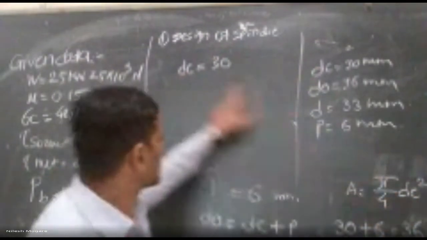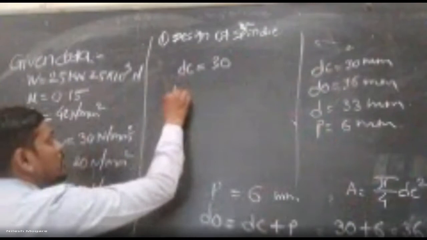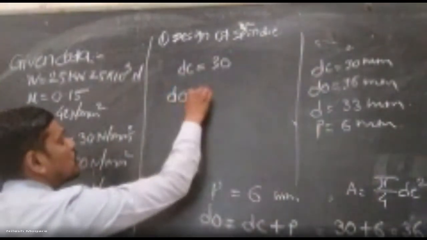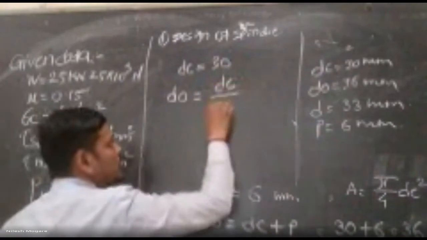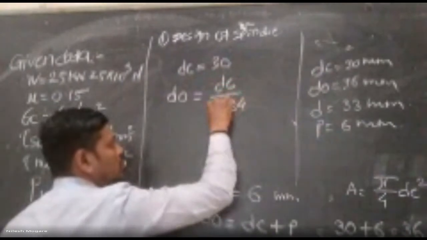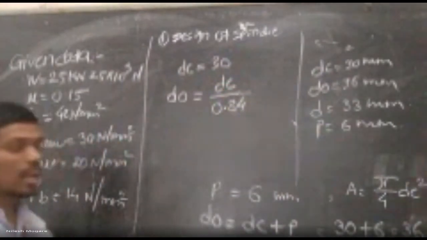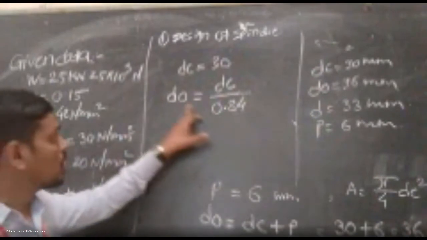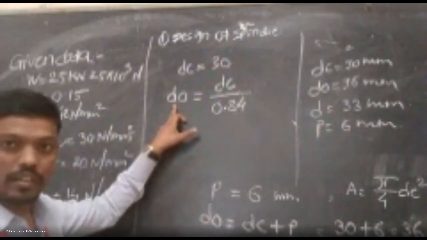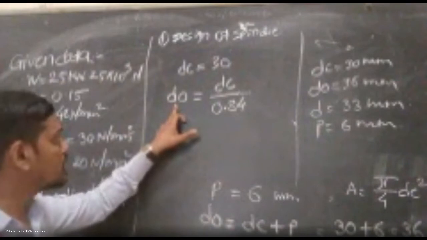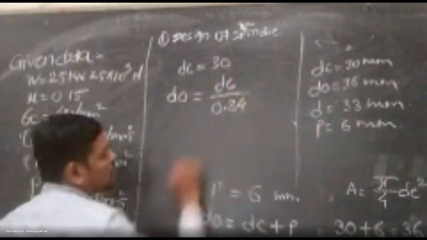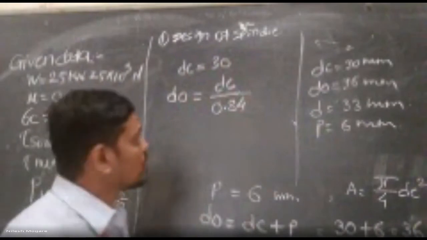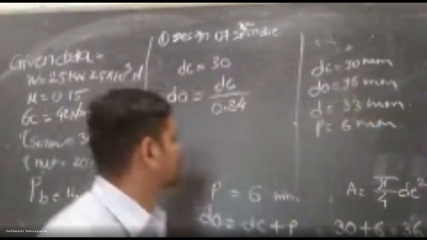Then there is one formula for calculating DO: DO is equal to DC upon 0.84. If we divide the core diameter by 0.84, we get the value of outer diameter DO. Then DC is 30 divided by 0.84, so we get the value of DO.